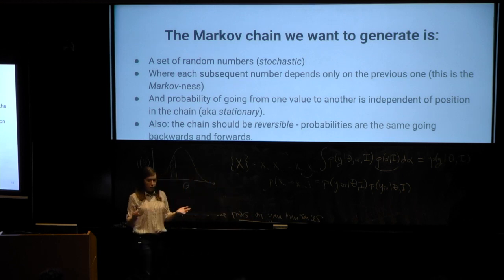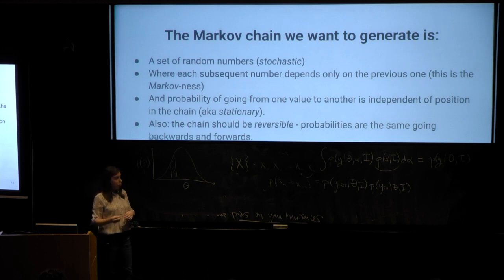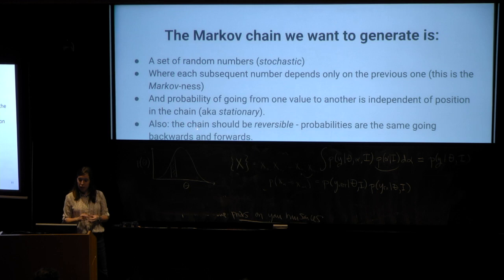A subset of Markov chains have some other nice properties, and we're going to insist on having these particular properties for the MCMC. So this is the thing that makes it Markov, that dependence on the previous number and nothing else. But there can be some other things as well. The Markov chains that we're going to use for MCMC, we want them to be stationary.